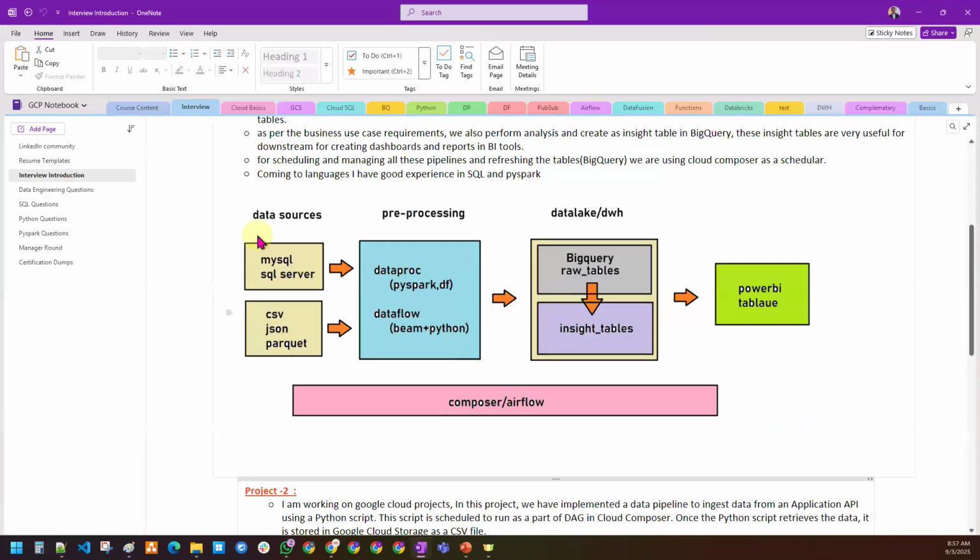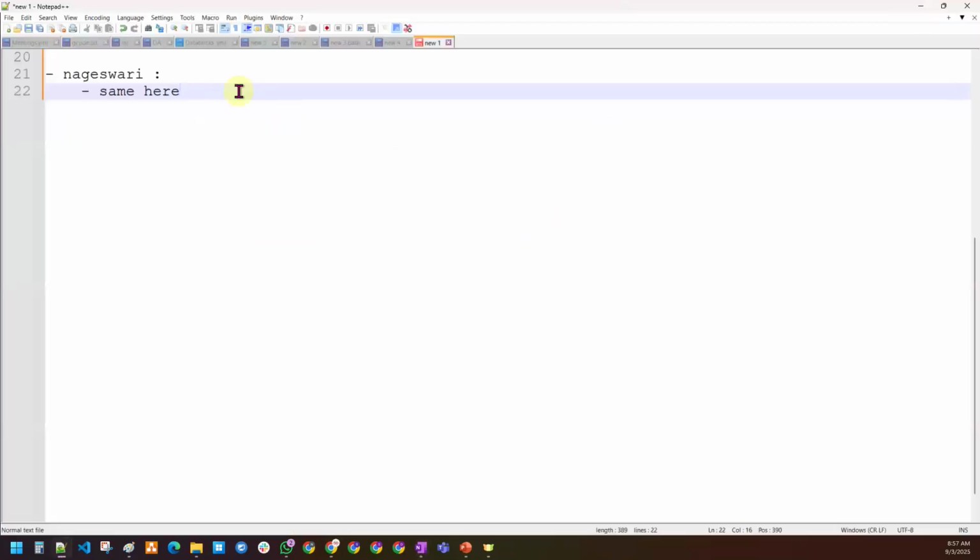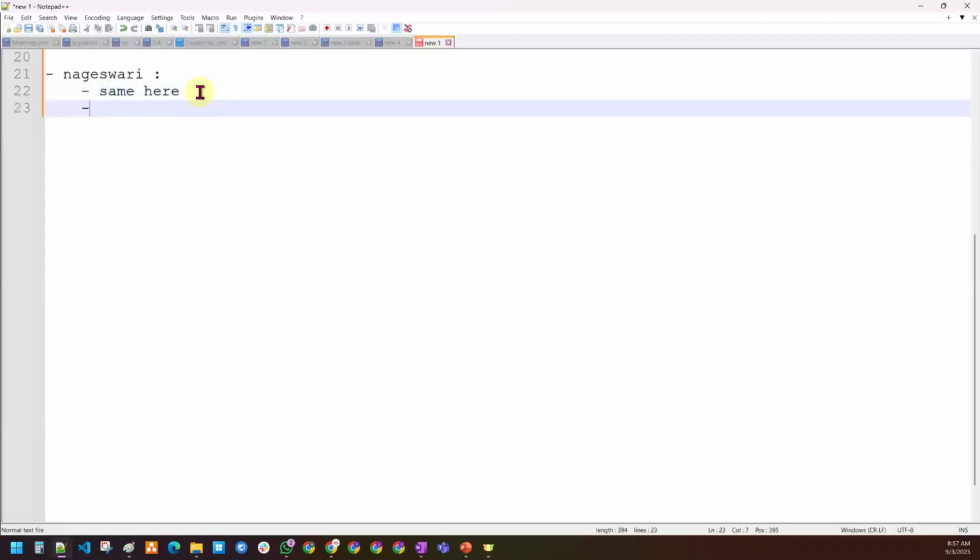And here, data sources, MySQL, CSV format, data processing, Dataproc, Dataflow, BigQuery, inside tables, Power BI, Tableau. Same, isn't it? Yes. Of course.